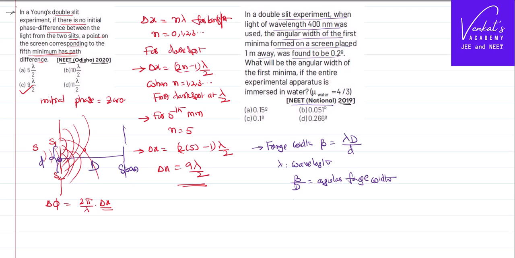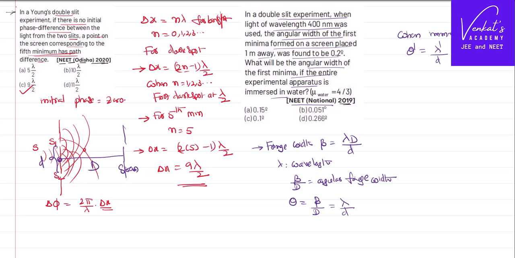So theta equal to angular fringe width equal to beta by D, that is lambda by d. Now he is saying what will be the angular fringe width for the first minima if the entire experiment is immersed in water. So what happens? When immersed in water, theta dash will become lambda by d in water, that is lambda dash by d.